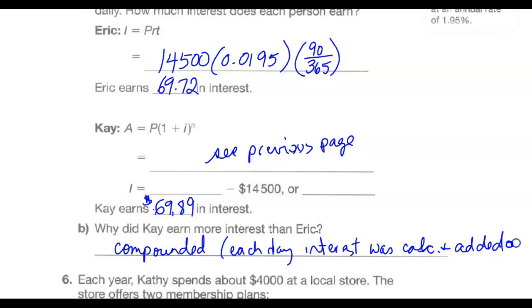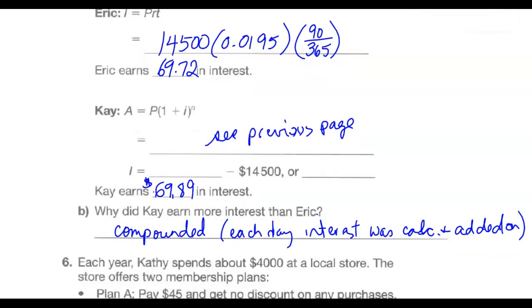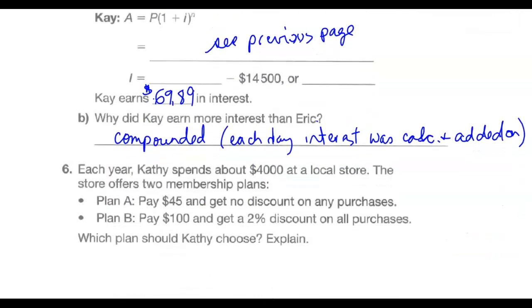Obviously, not very much, right? 17 cents, because it was only over 90 days at a small interest rate. But the longer you leave it in there, the more interest will compound and accumulate faster.